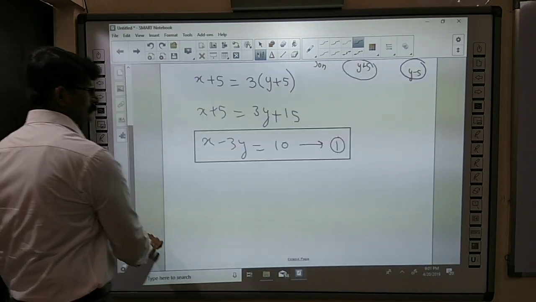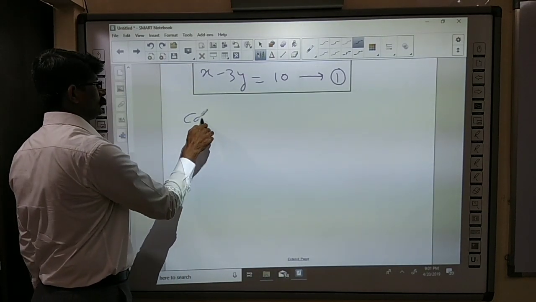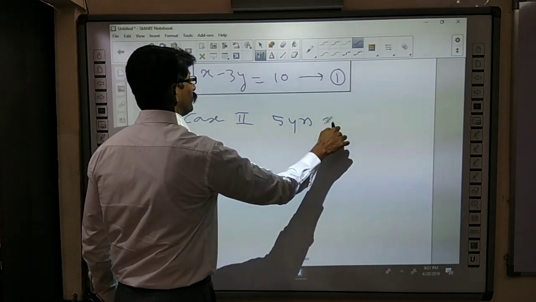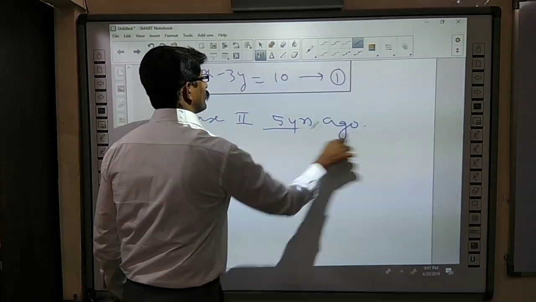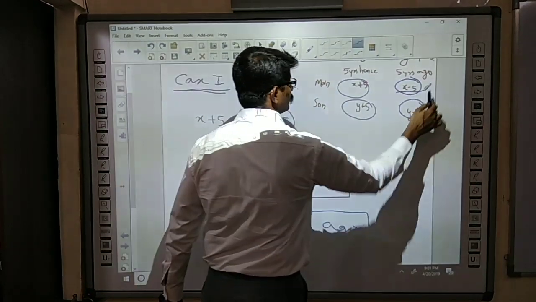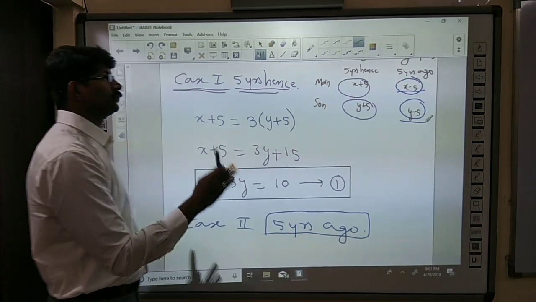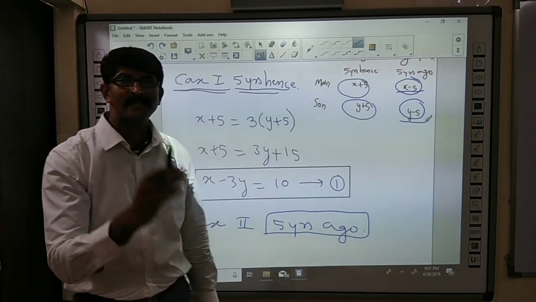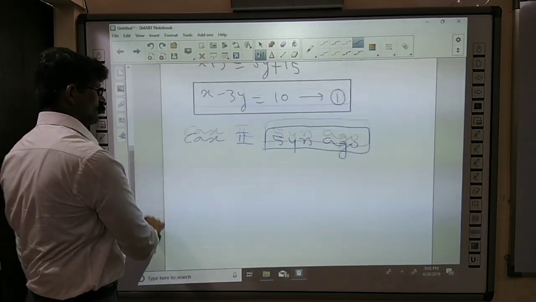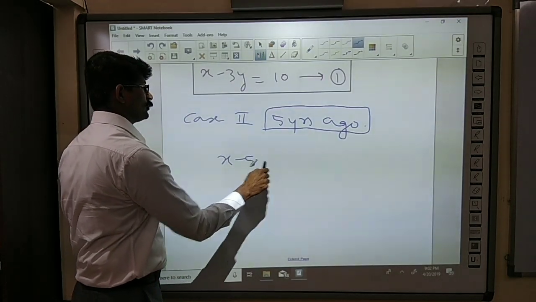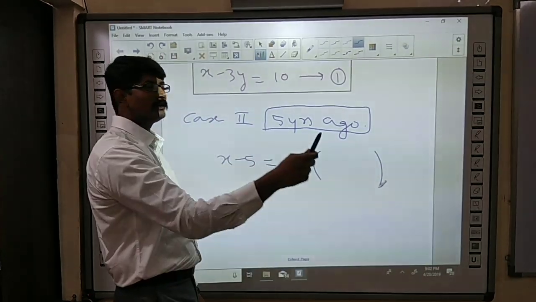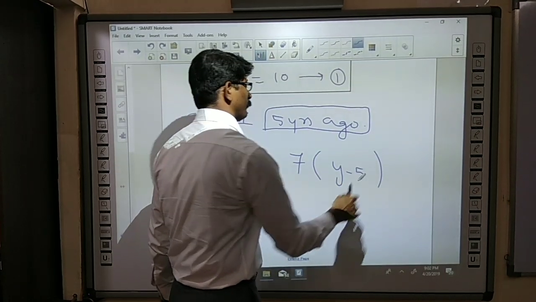So we start case 2: 5 years ago, the man's age x minus 5 was 7 times the son's age, y minus 5.